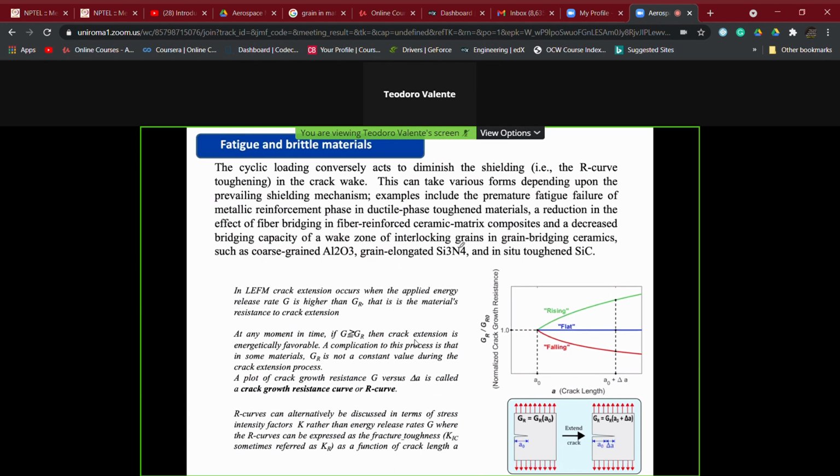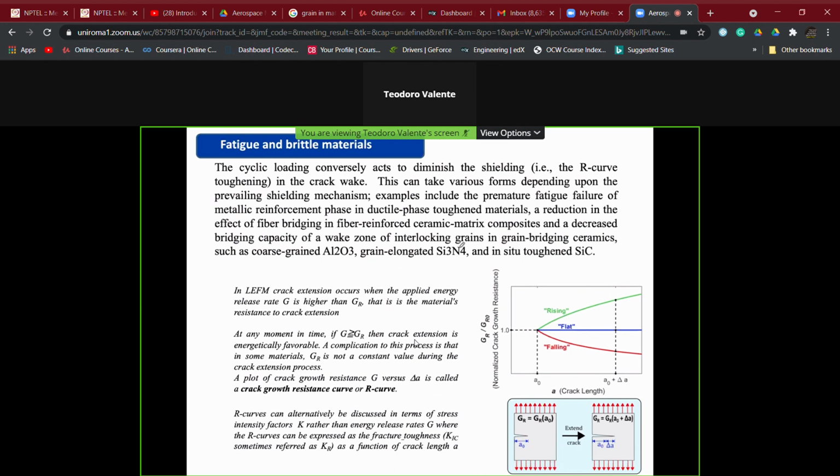For example, sudden premature fatigue failure of the metallic reinforcement phase in ductile phase toughened materials, as well as effects of fiber bridging, as we have seen in the previous picture.